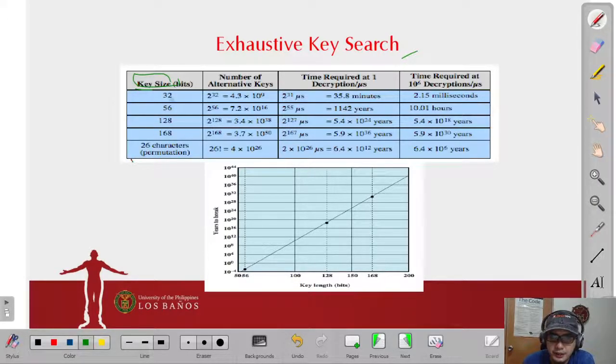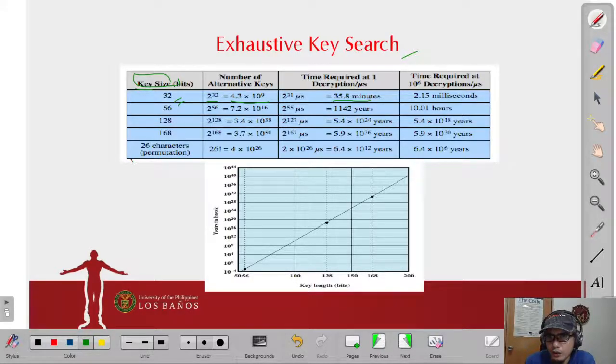If the key size is 32 bits, then there are 2 to the 32 possible combinations that you need to try. If you have a system that can perform one decryption per microsecond and the key size is 32 bits, then it will take only 35.8 minutes.